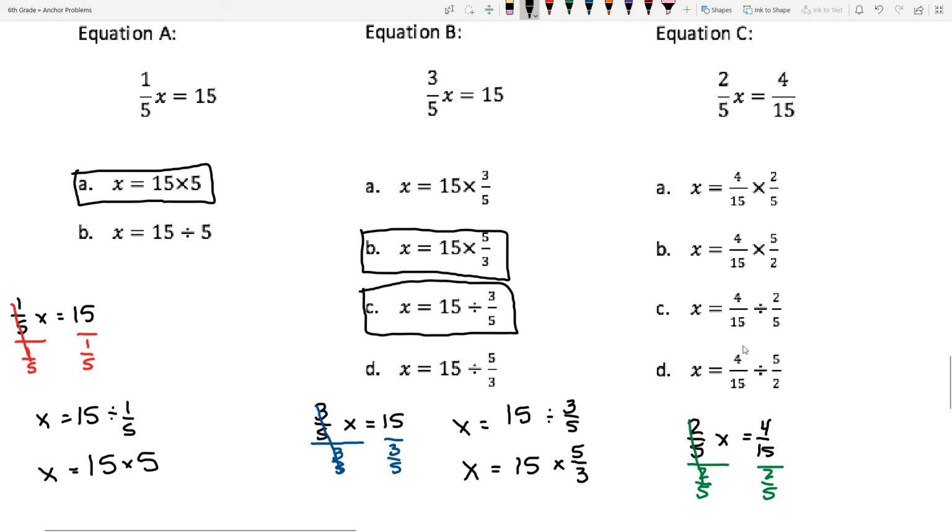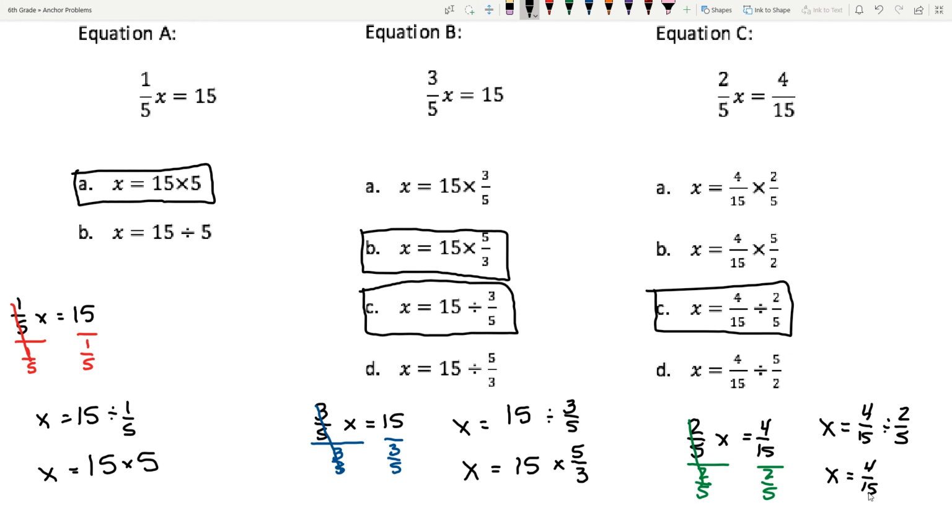And we're left with x equals 4/15 divided by 2/5. And it does exist here in C. But let's keep, change, flip again. X equals 4/15 multiplied by the reciprocal here, 5/2. And once again, here it is in B.